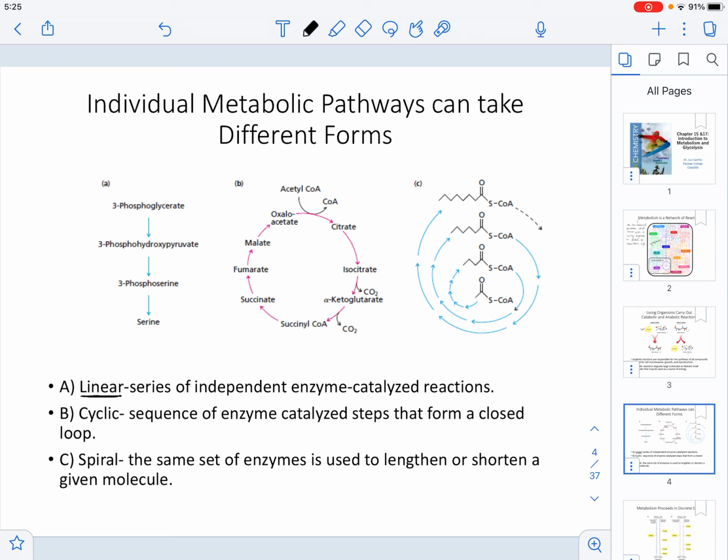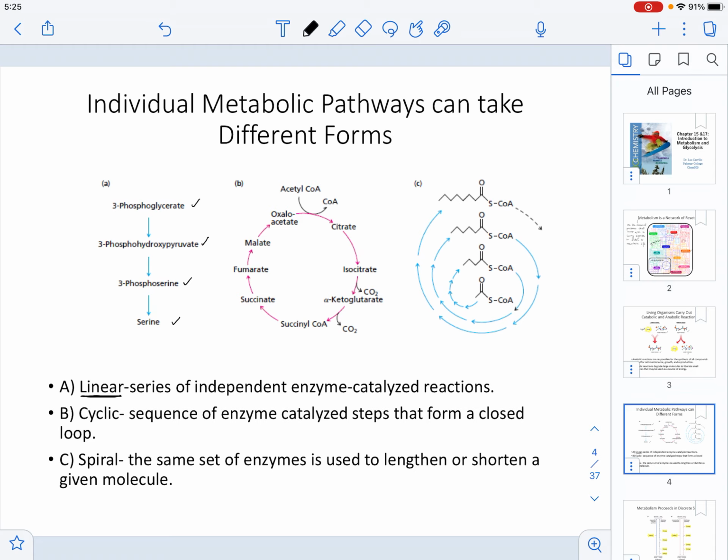We have a reactant that enzymatically is converted to the product, and that product then becomes the reactant of the next reaction. As you can see, it is linear. One molecule gets converted into another one, and once that molecule is produced, it's taken through a series of steps to get to the major product in a particular system.